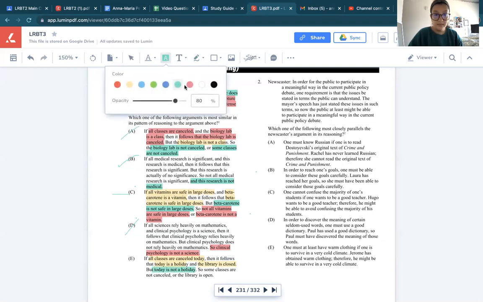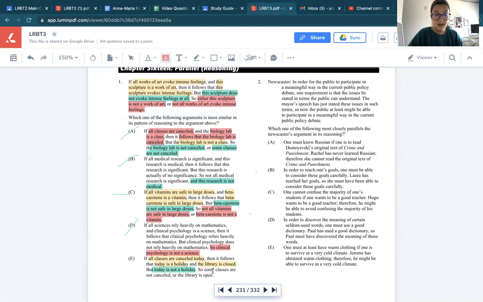And because of that, some classes are not canceled or the library is open. So this follows the same sort of structure, just structurally, that there's the two options at the end. There's an if statement, then what follows, the three highlighted in yellow, and then the conclusion in the next sentence, the but, and then a conclusion based on that.